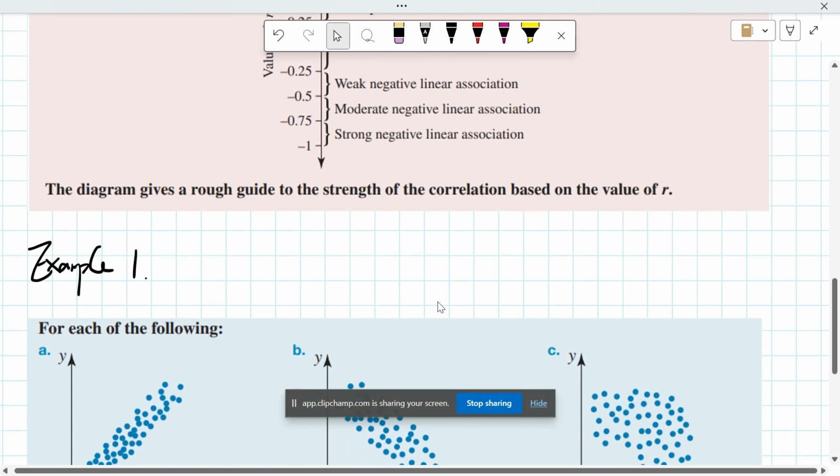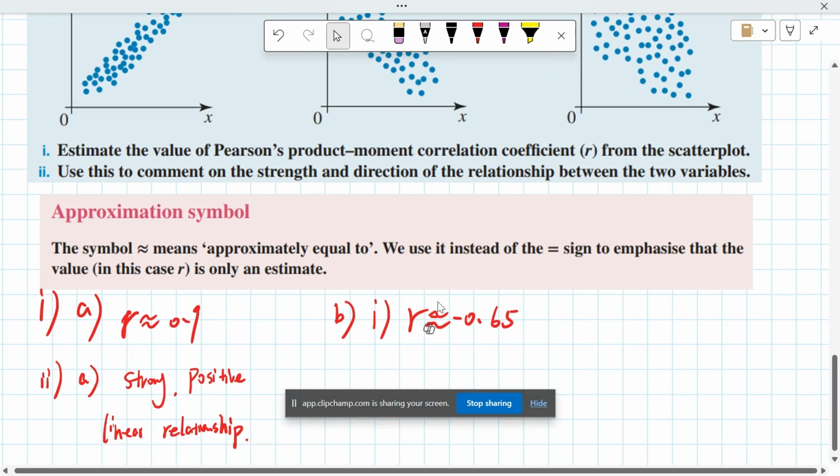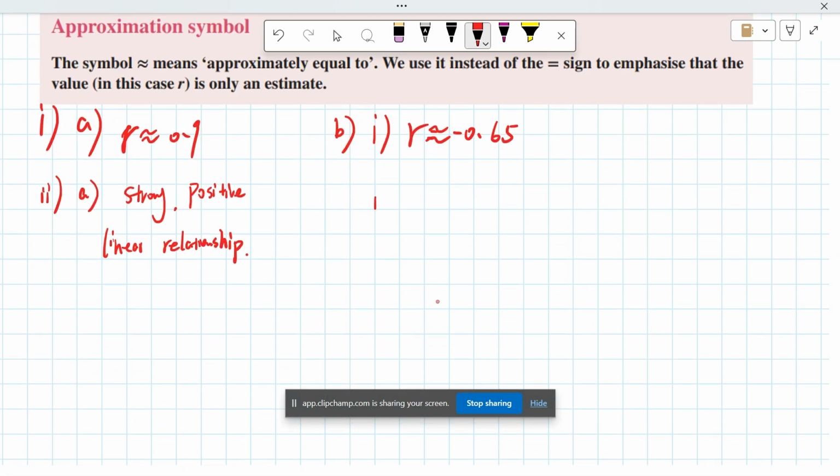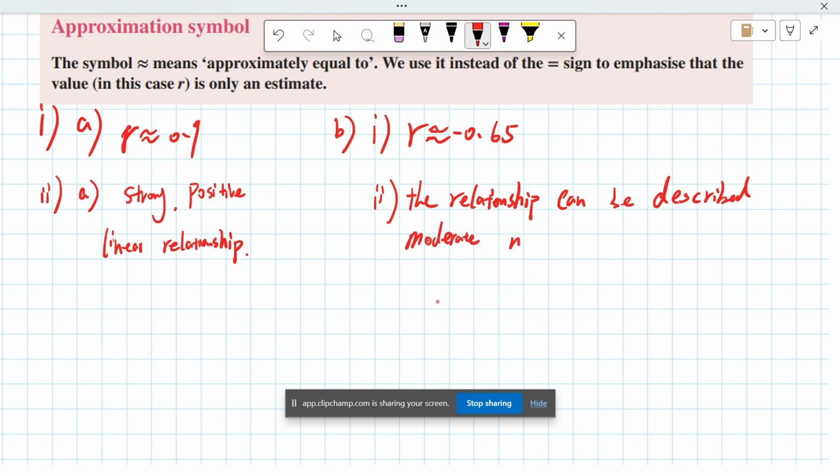So we say the relationship can be described as a moderate negative linear relationship.